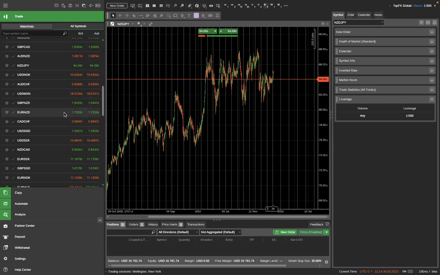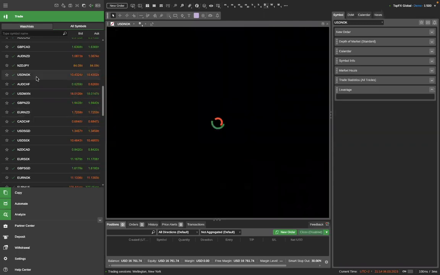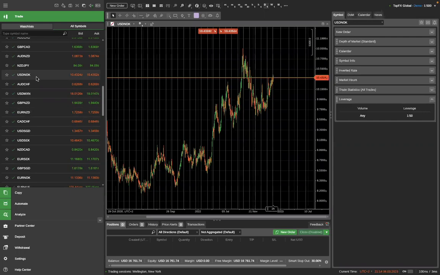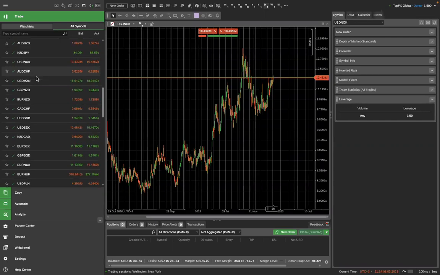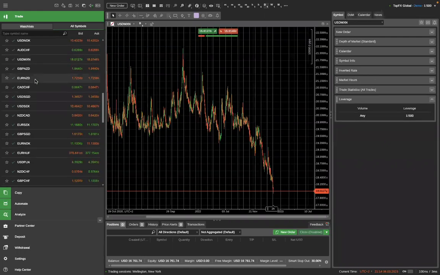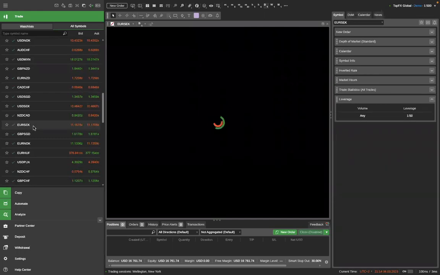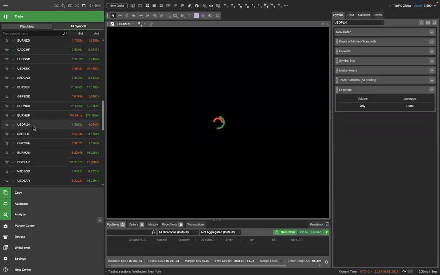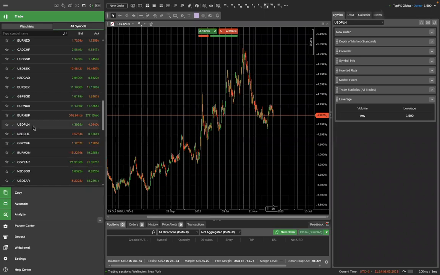Well, you see, the exotics like US dollar to the Norwegian krone, for example. That's one of the most exotic markets. US dollar to the Mexican peso. Very exotic market. Euro to the Swedish krona, for example. US dollar to the Polish zloty, exotic as well.